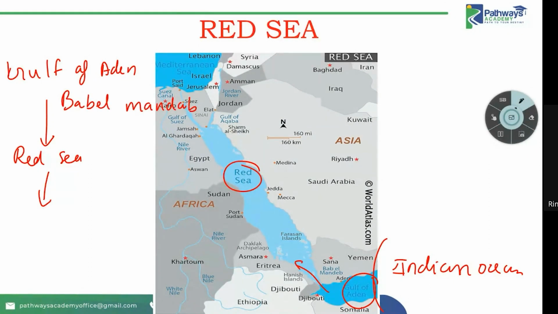Then from the Red Sea, through the Suez Canal, it is connected to the Mediterranean Sea.